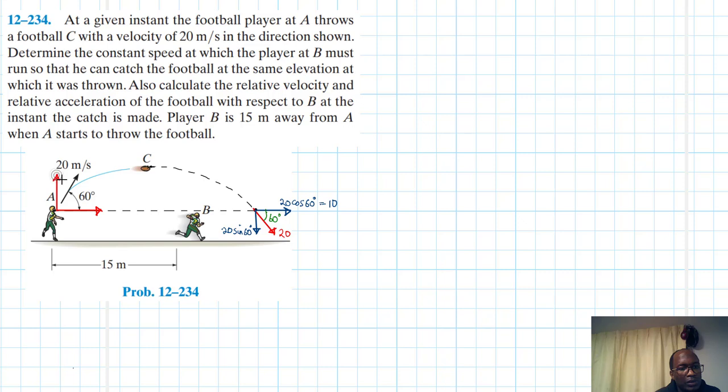So this is just 20 cos 60, and this is 20 sine 60. This one is equal to 10.